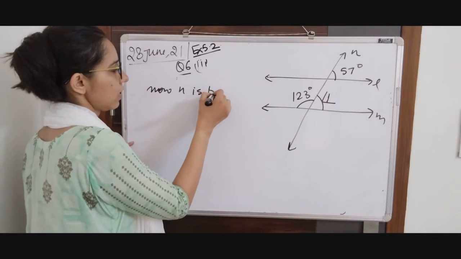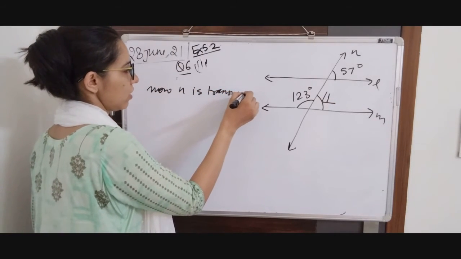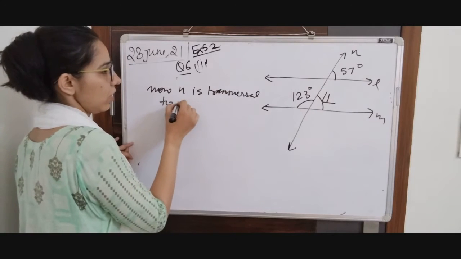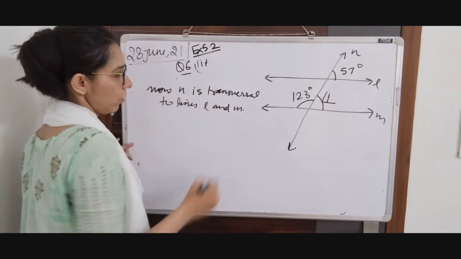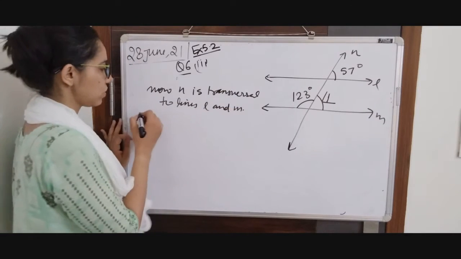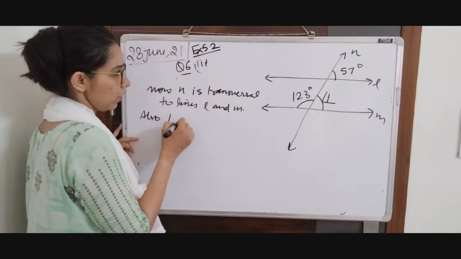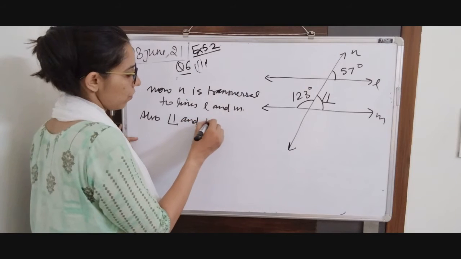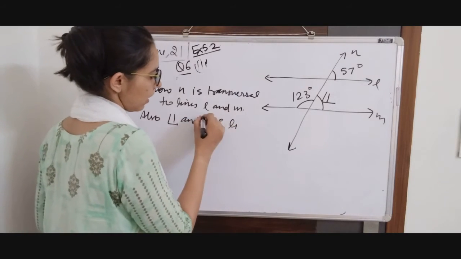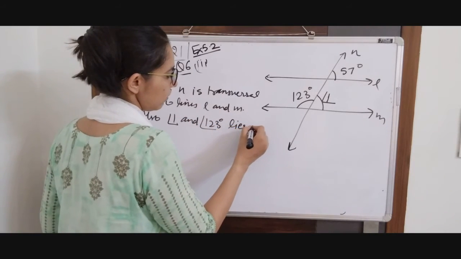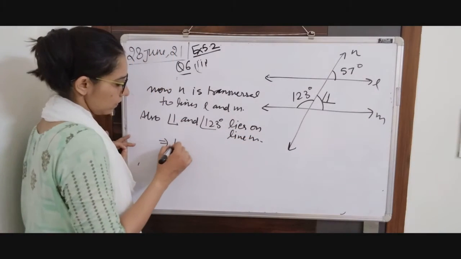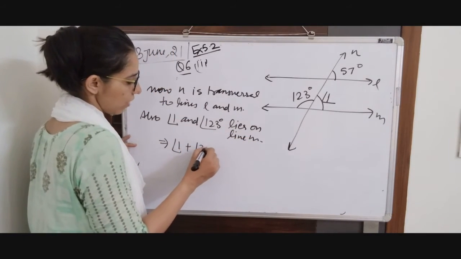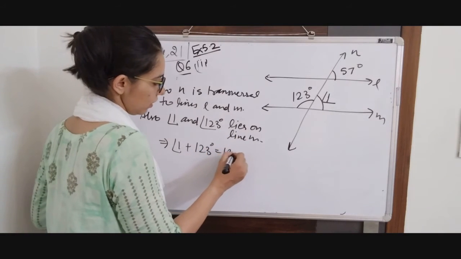Angle 1. So now N is transversal to lines L and M. Alright. Also angle 1 and 123 degrees, the angle 123 lies on line M, which implies the sum of their measures has to be 180 degrees.